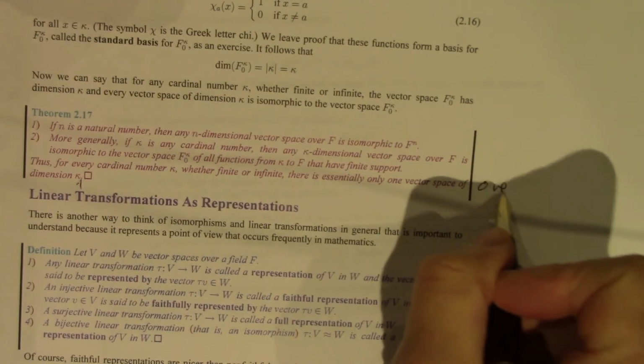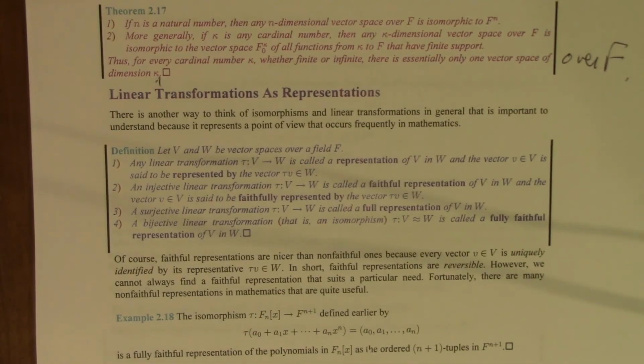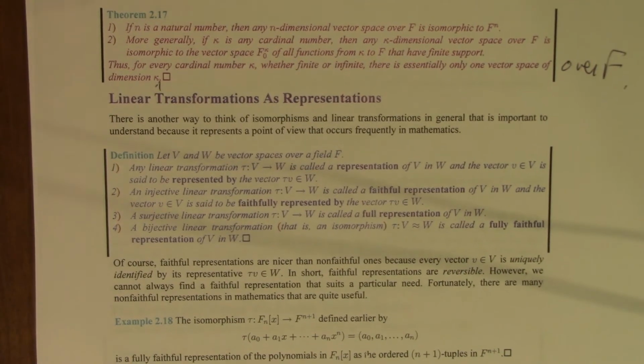I guess I better say over the field F. Don't let that distress you too much. It does not render linear algebra trivial by any means. Okay. There are still plenty of essentially different vector spaces. And of course, this is a theoretical result as well.